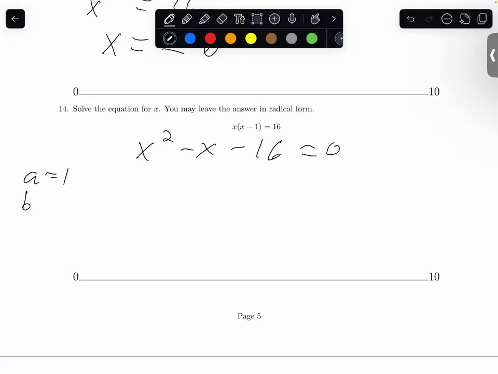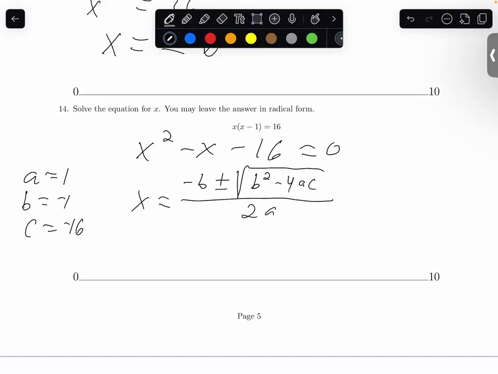a is 1, b is negative 1, and c is negative 16. That formula is negative b plus or minus the square root of b squared minus 4ac all over 2a. So in our case, 1 plus or minus the square root of negative 1 squared minus 4 times 1 times negative 16, all divided by 2 times 1.